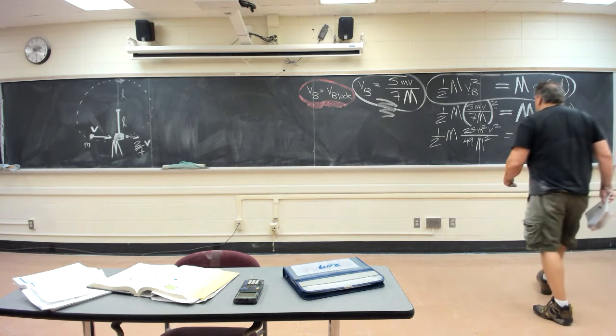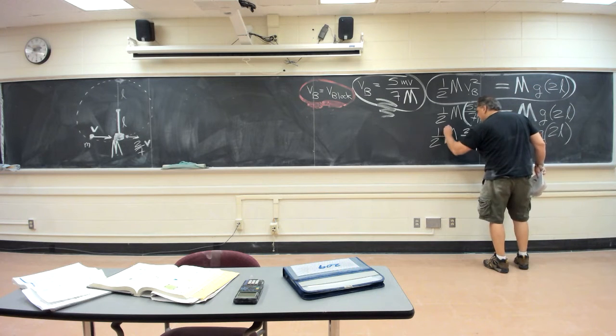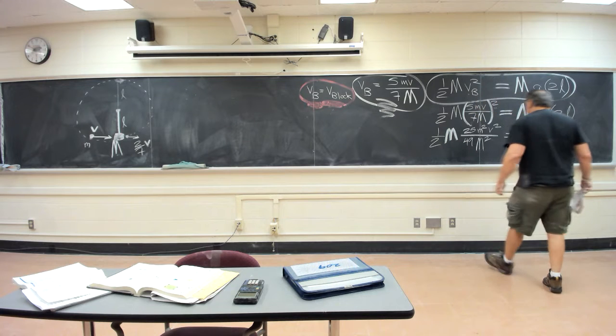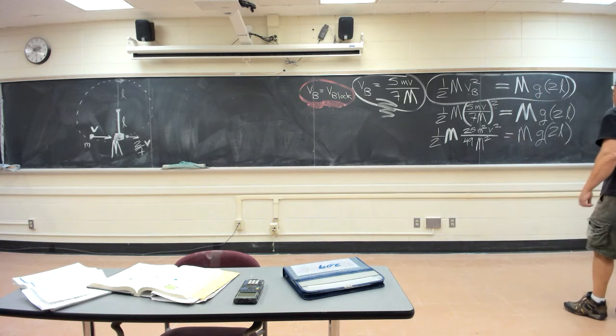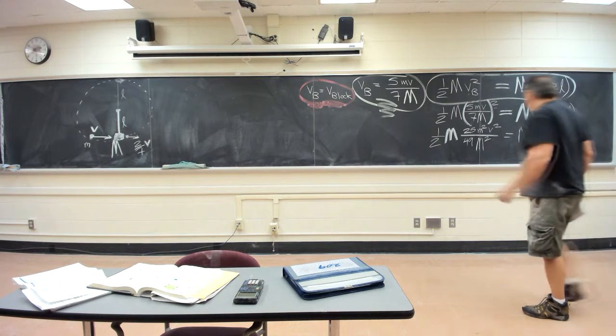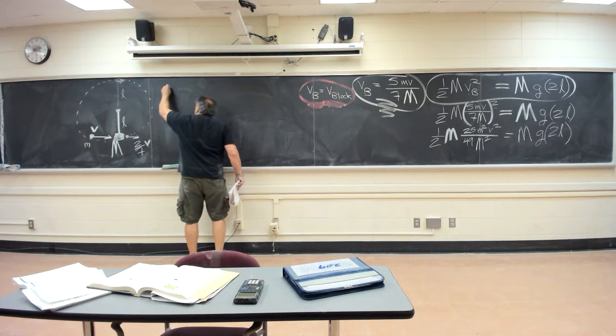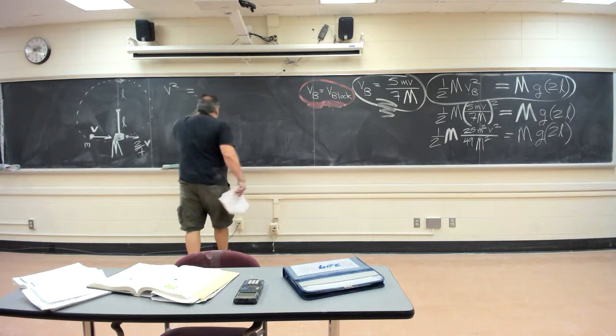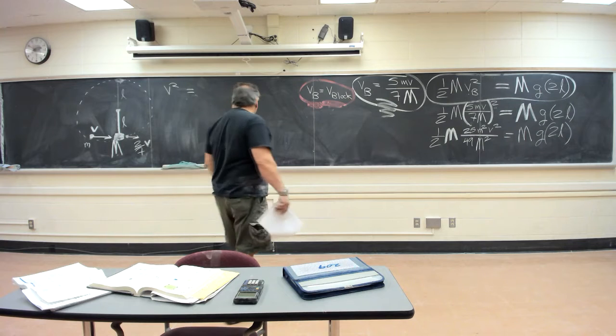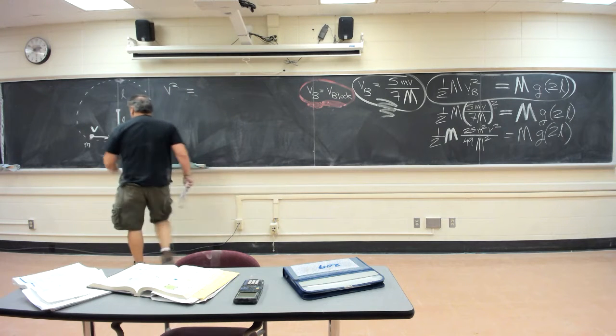There's just a lot here. You could look at it and say, why don't you get v squared all by itself? That's the speed of the bullet initially. The bullet was going v initially, and that's this right here.